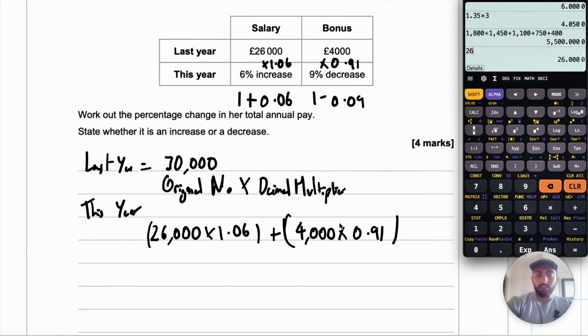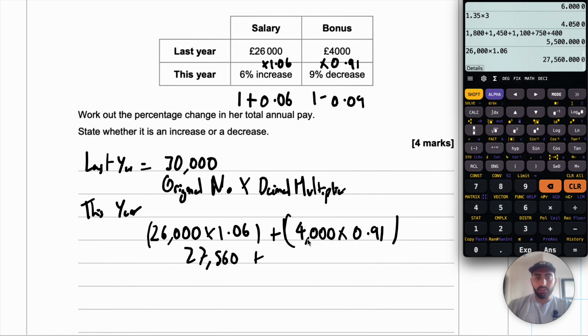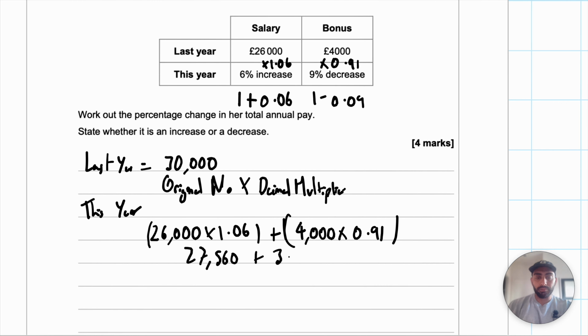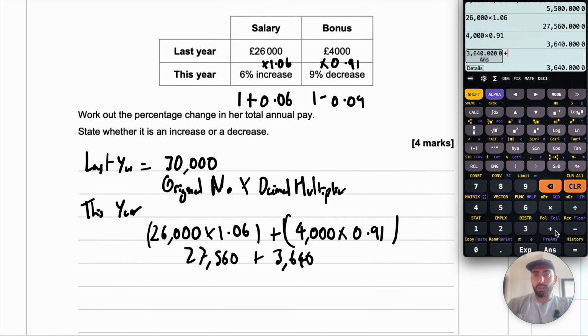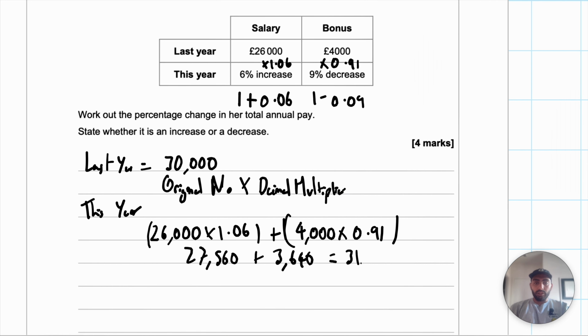So 26,000 times 1.06 is 27,560, plus 4,000 times 0.91, which is 3,640. Add up both of these, and we get a total of 31,200.